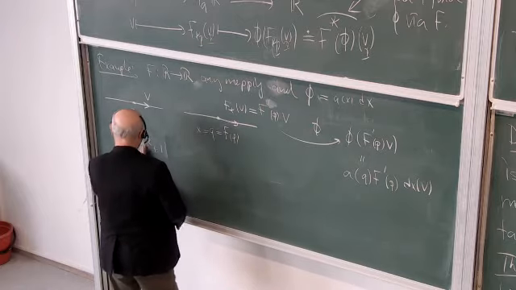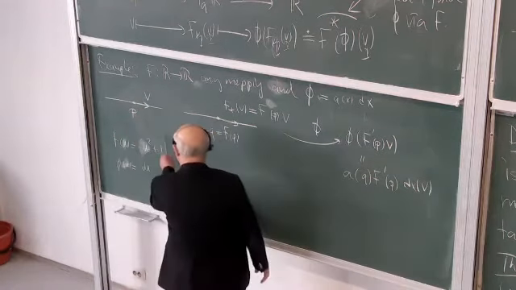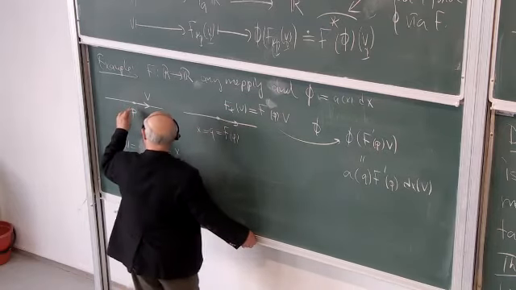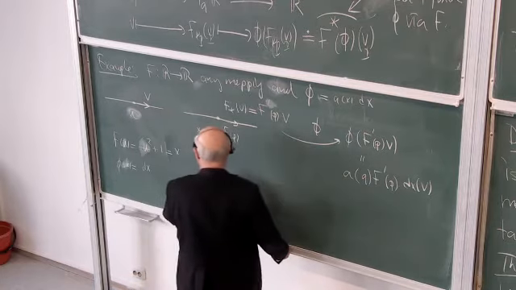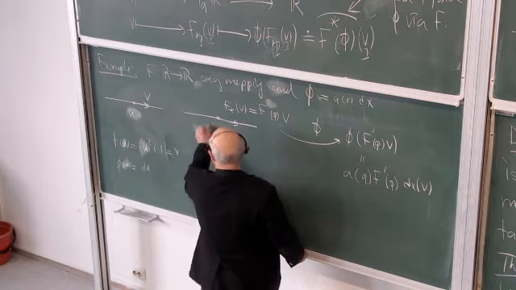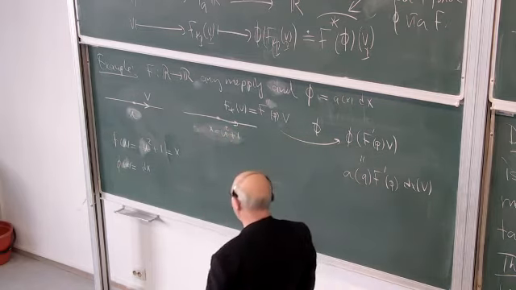Şeyi belki karıştırmamak için şöyle yapayım. Şuna u diyeyim. U squared plus 1. And this is my x. So I have here the point u, and this is mapped to x, which is u squared plus 1.